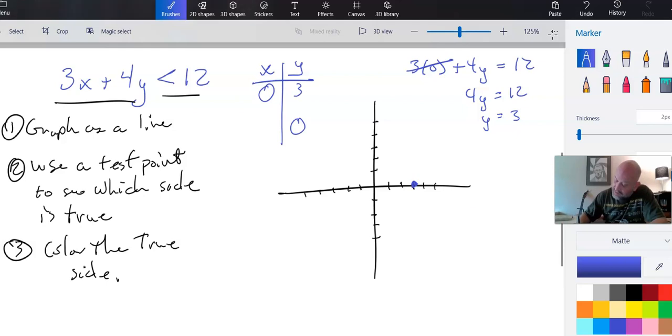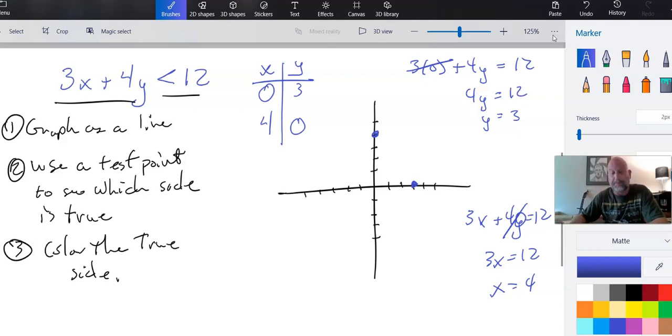So now this is 3 times x plus 4y is 12, right? Y is 0 this time, though. Sorry. So that cancels, and you end up with 3x equals 12, so x is 4. And I have my other intercept now.